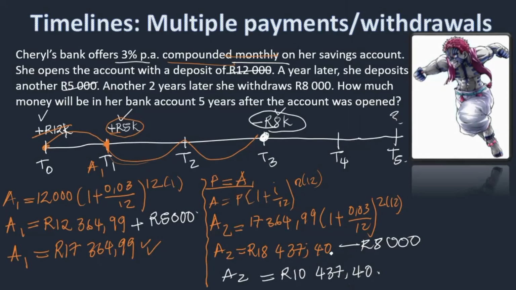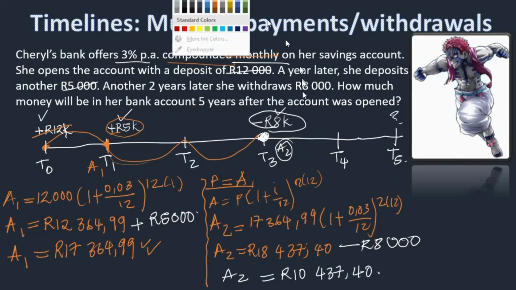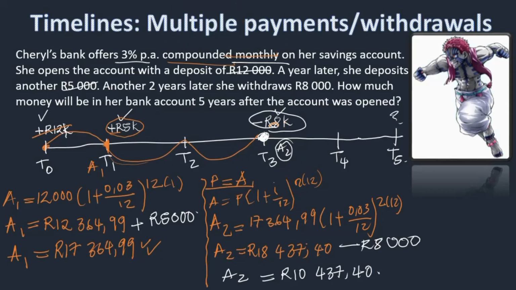Do you see what's happening? I'm here now. Here I have A2. Right? So this A2 now, I have to calculate it for how long? For the next 2 years. From here to there and up until there. That's 2 years. Right? Let me erase this part here.